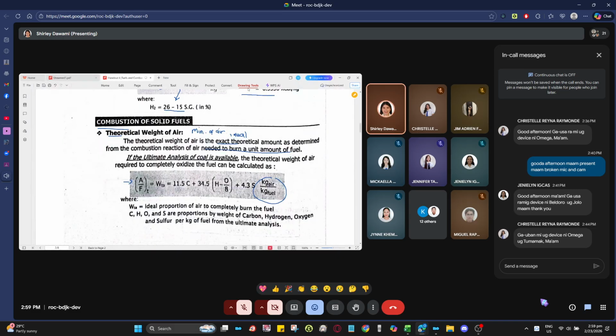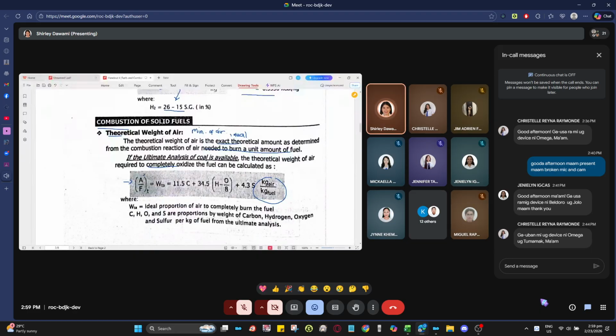So if the ultimate analysis of the coal is available, which is the weight percentage of carbon, hydrogen, oxygen, sulfur, and moisture, then the theoretical weight of air required to completely oxidize the fuel can be calculated with this formula.